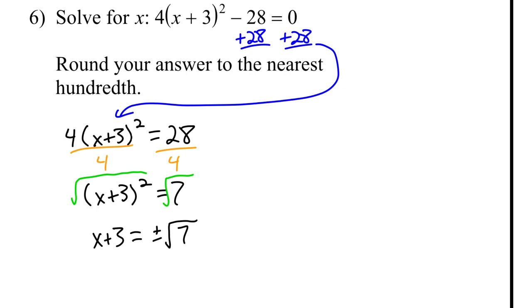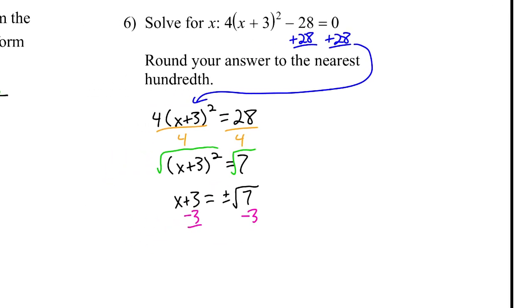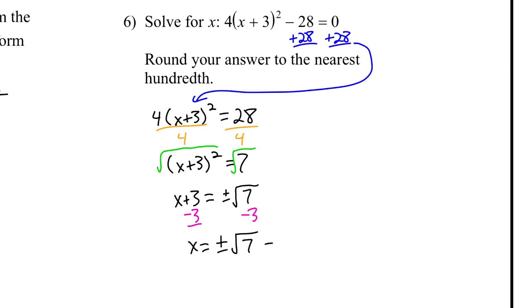Last thing I need to do to isolate my x is subtract 3. And I will have x is equal to positive and negative square root 7 minus 3.